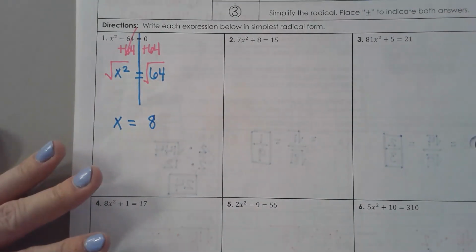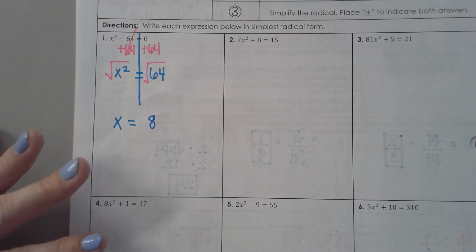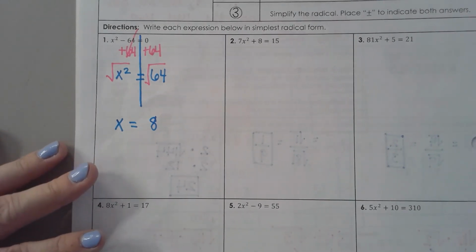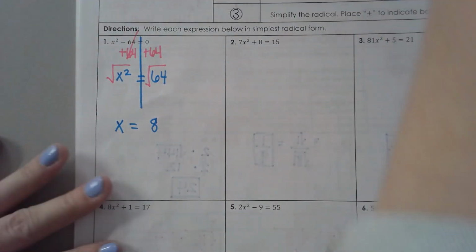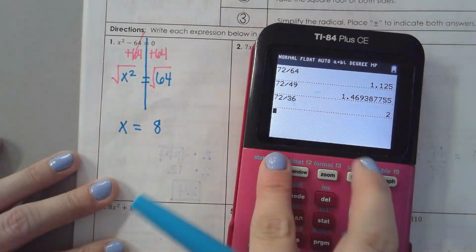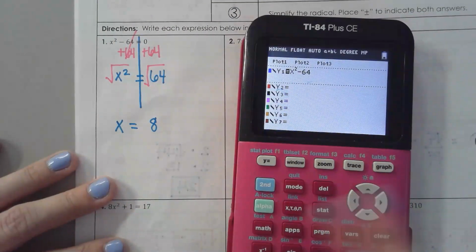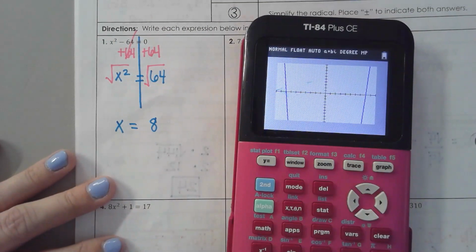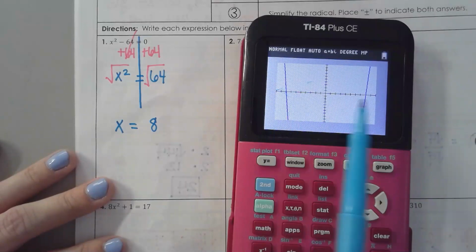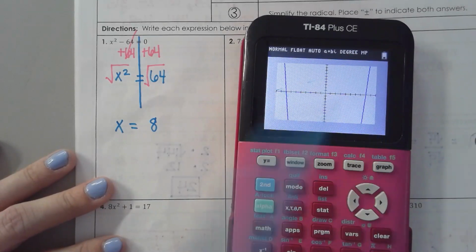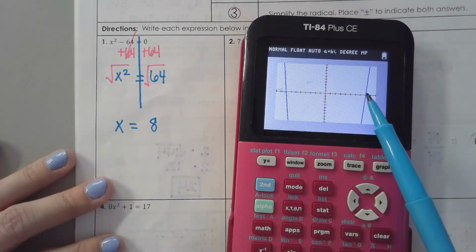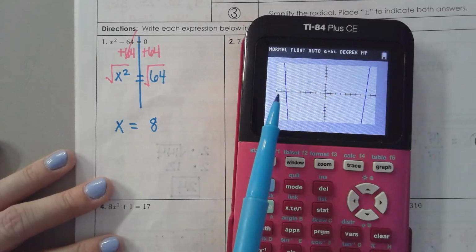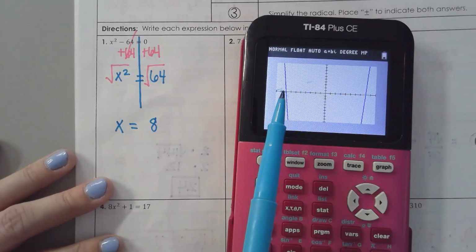When you have a problem with the quadratic, if you only put 8, you're only half correct. Here's why. If I look at the graph, where does the graph cross the x-axis? 8 and negative 8.